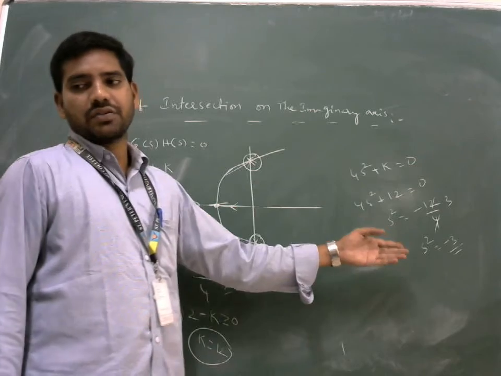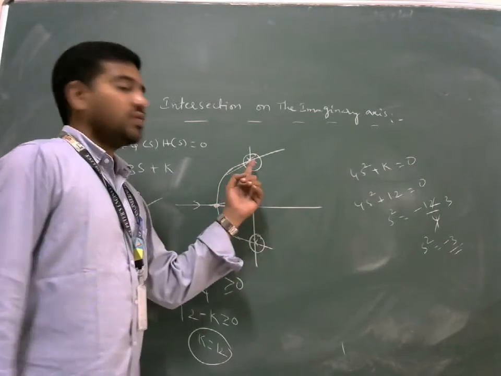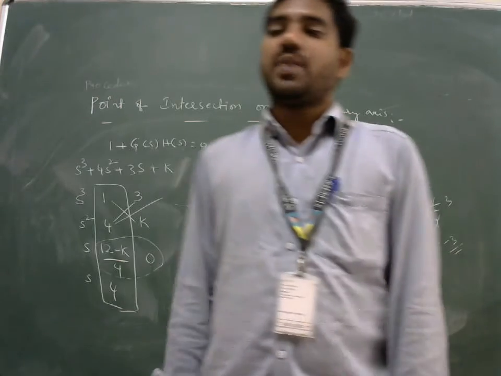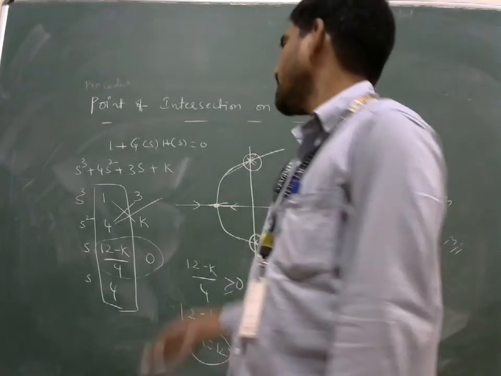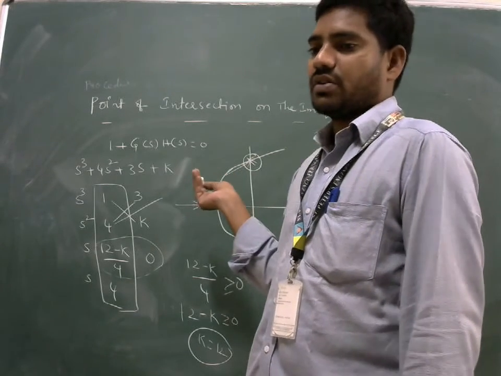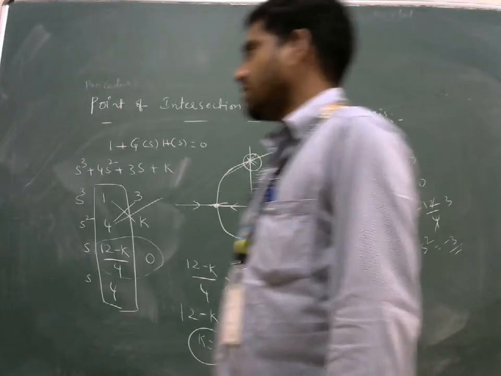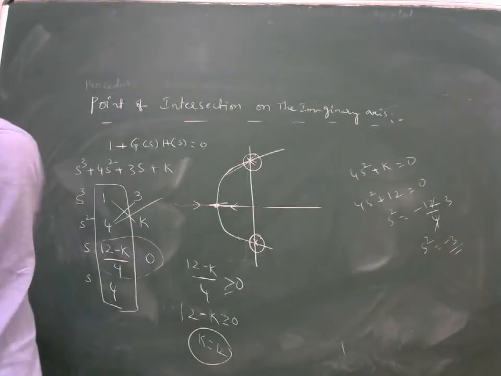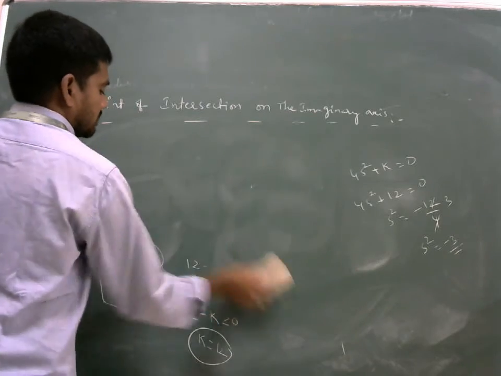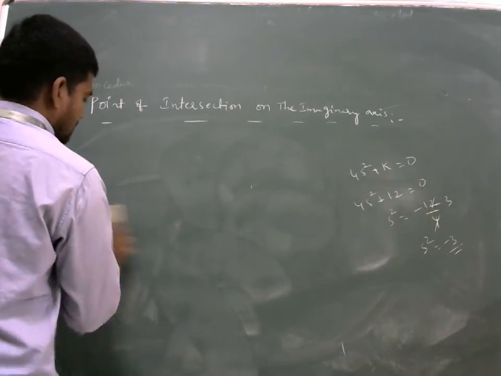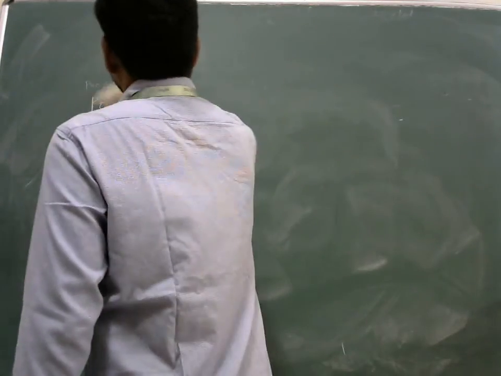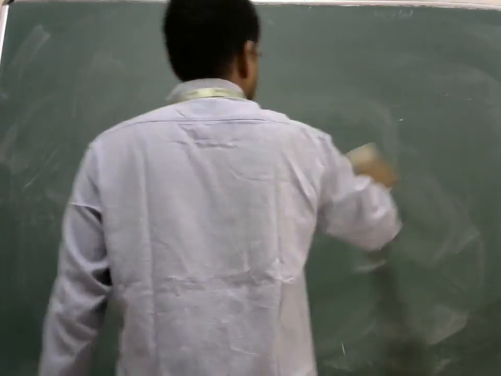From that we get the s value at that particular point on the imaginary axis. That s value must be an imaginary point only. Whatever we derive, that s point must be an imaginary point only. Okay, this is your point of intersection in a root locus.